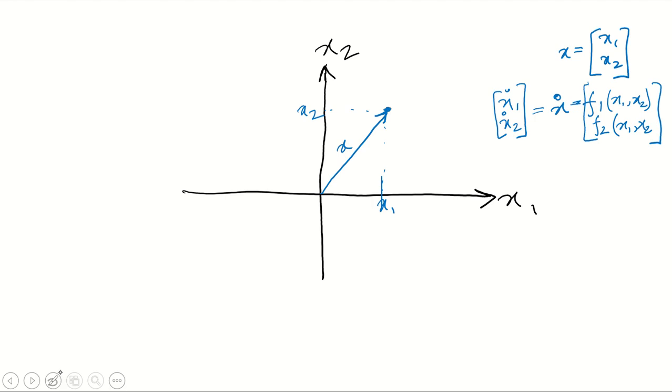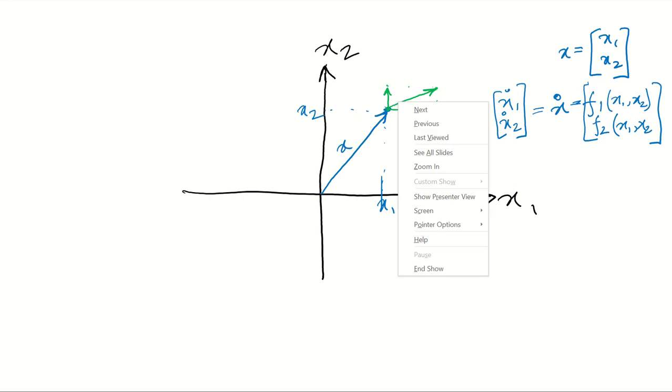I have not drawn it very well, so let me change this drawing. Suppose this one is small and this one is quite large. Now the effective x dot is in this direction, so you are crawling up probably like this.